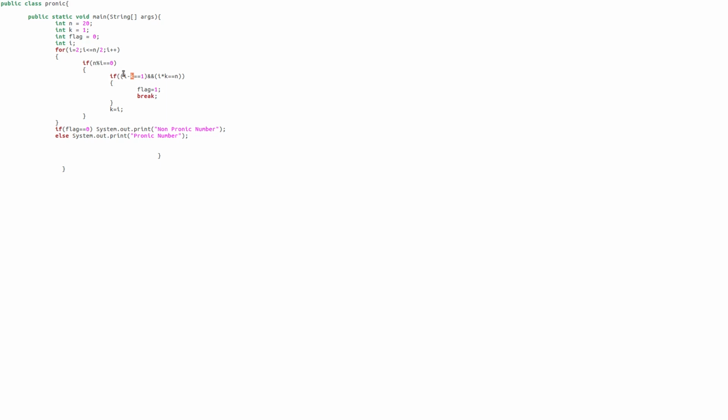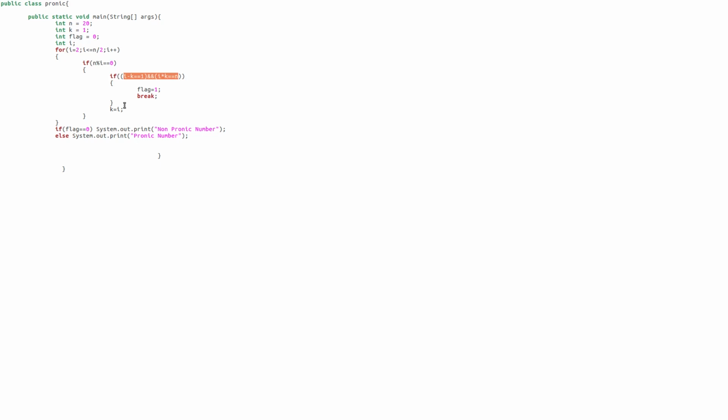So if i, which is the current factor, minus the previous factor is equal to 1, and their product is also equivalent to n, the original number which we want to check whether it is Pronic or not, we will update the value of flag to 1, break out of the loop, go outside and check the value of flag.